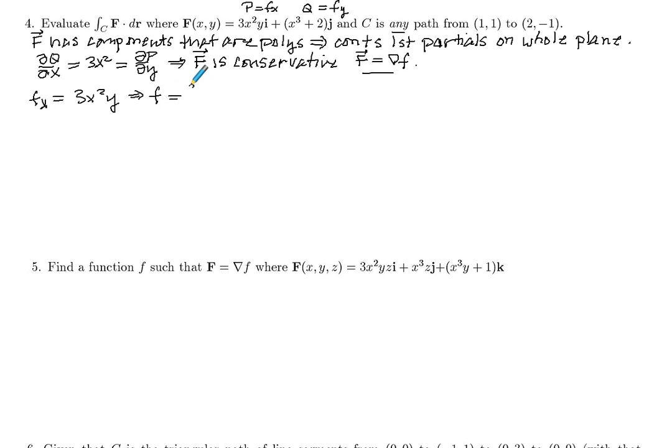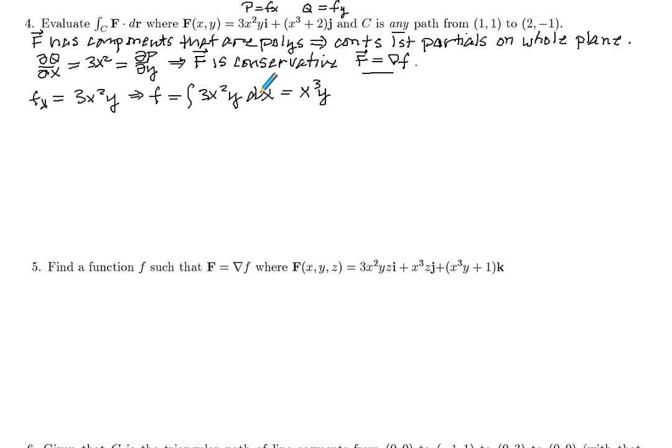So then our f is going to be the integral of 3x squared y dx. But then y is a constant, and then you integrate 3x squared, you get 3x cubed over 3. The 3's cancel. This is just going to be x cubed y. But then this is an x integral.